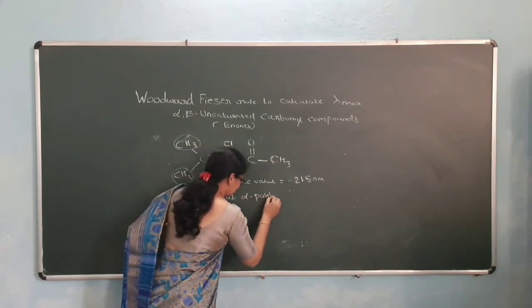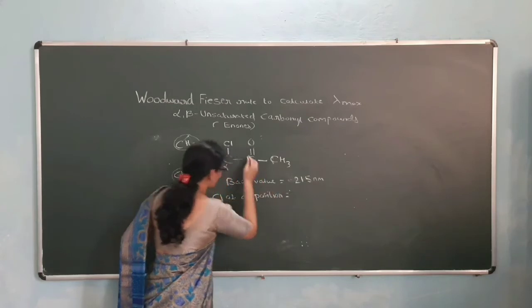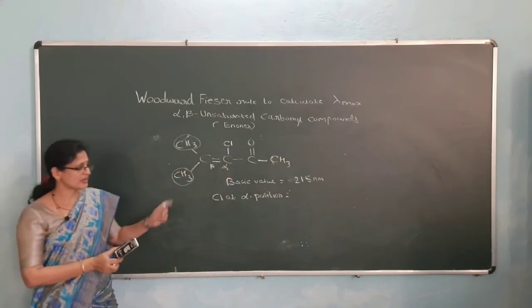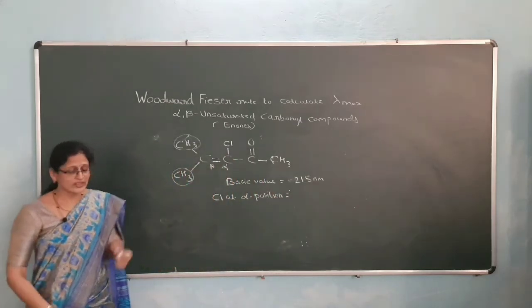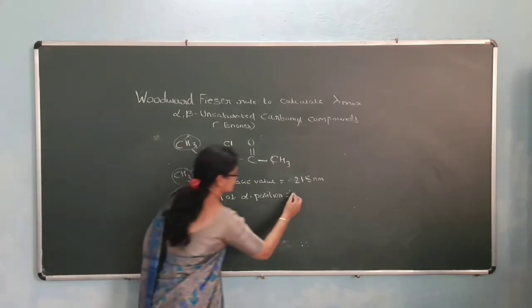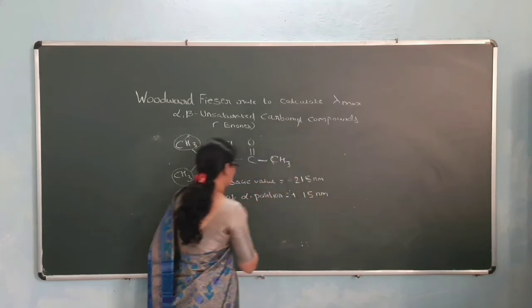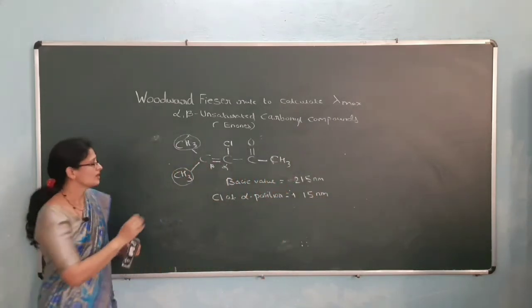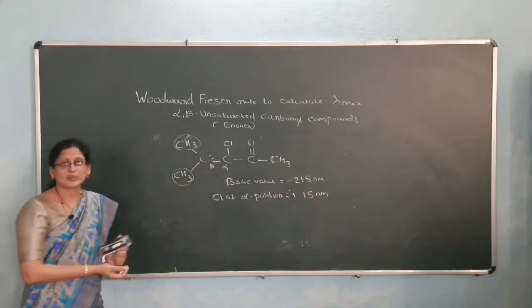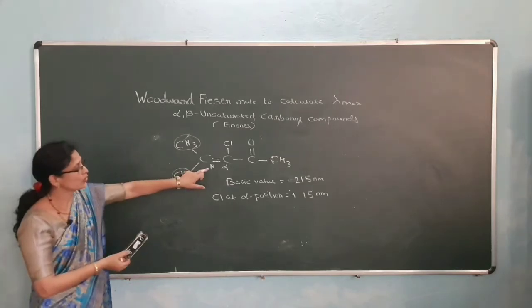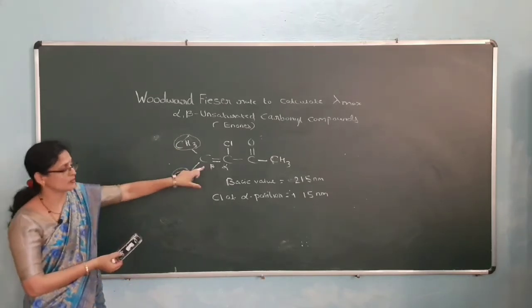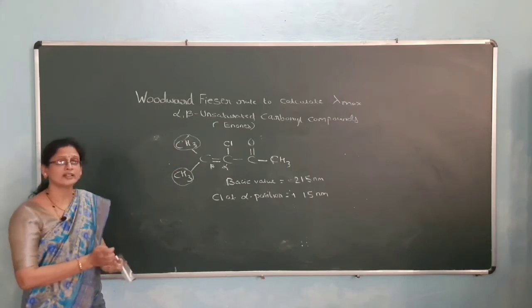So it is now an auxochrome. At what position is Cl present? At alpha position. What is the value? That is plus 15. Then you can check it for the substituent at beta position. We have two alkyl substituents at the beta position.